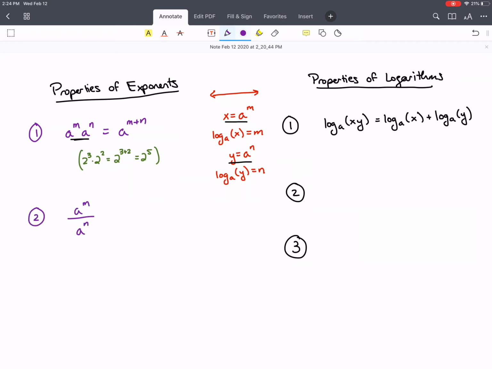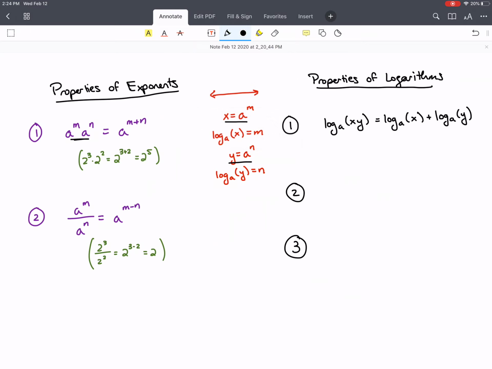Let's look at another exponent property. Remember, if I look at the ratio, then I'll subtract the exponents. So for example, if I have 2 cubed over 2 squared, that's the same as 2 to the 1 power, because it's 2 to the 3 minus 2.